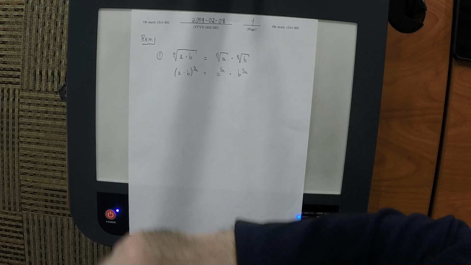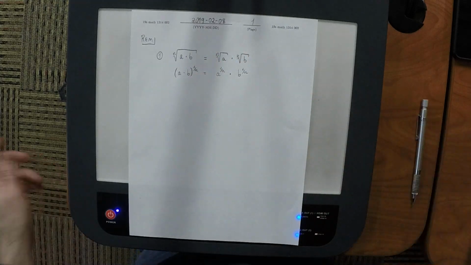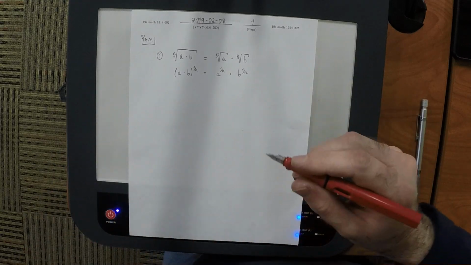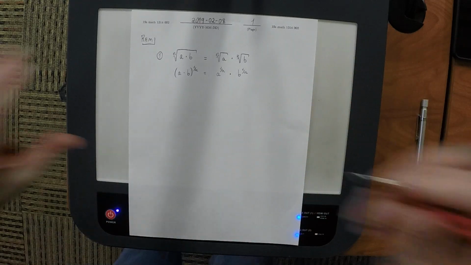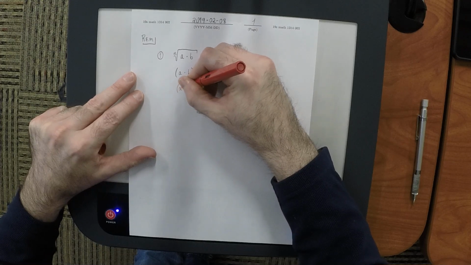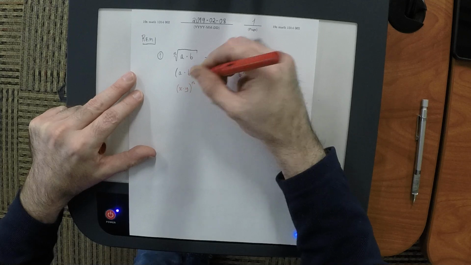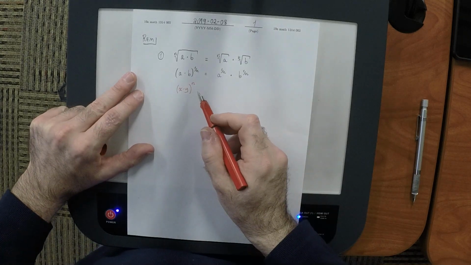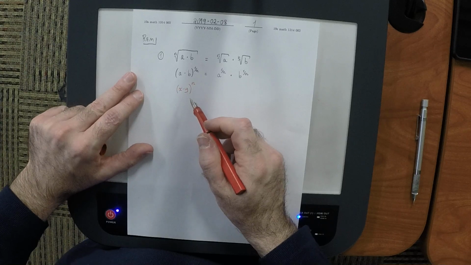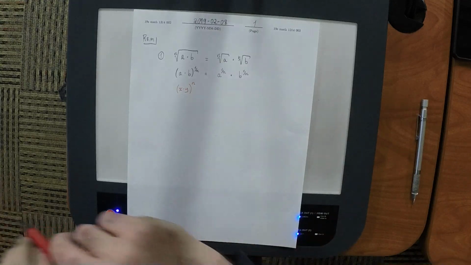And the reason why I claim that's helpful is something we knew before we started talking about radicals. We said that if you have xy and you raise that to exponent regular old n, not 1 over n, but n, then we went through the machinery of writing x, x, x, x, x, y, y, y, y, y, a bunch of x's and y's, and then collecting them all out.